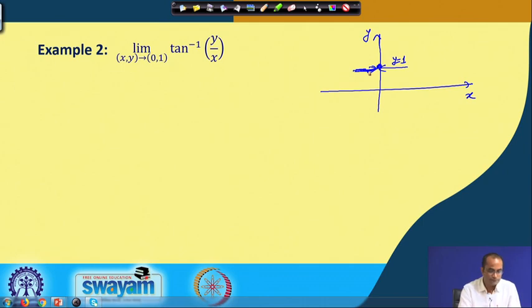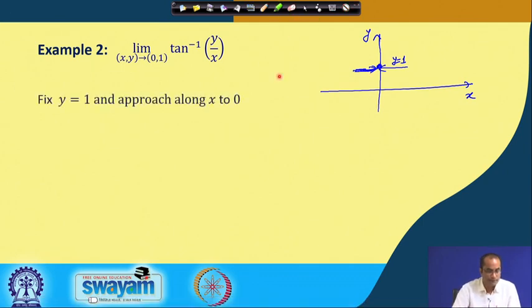So, in this case, if we fix y is equal to 1 and then approach x to 0 from these two directions. If we go from the left hand side, as x goes to 0, tan inverse 1 over x. You note that if x is negative, then 1 over x will be negative.